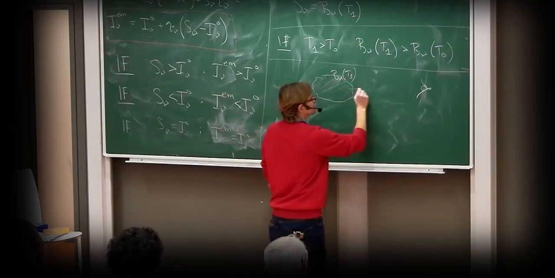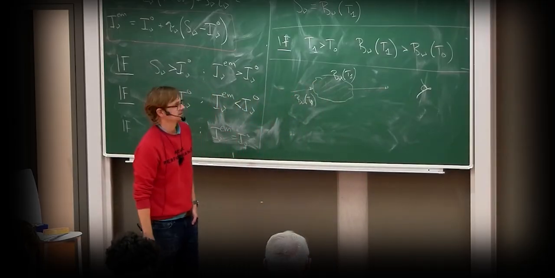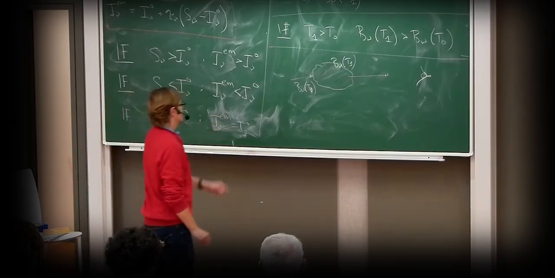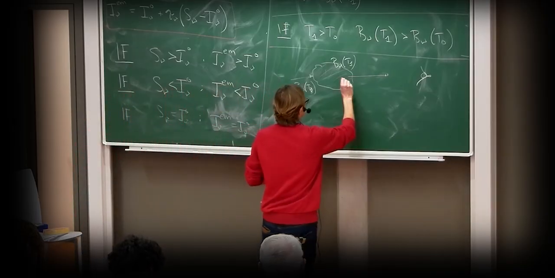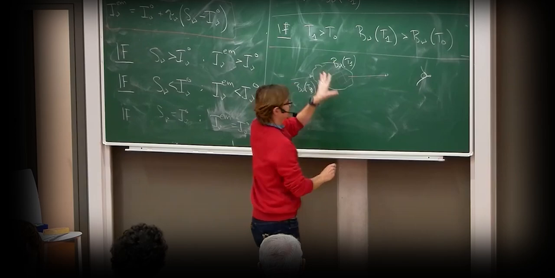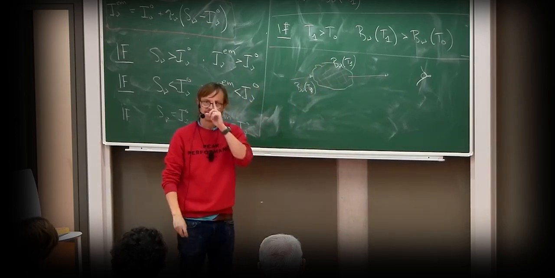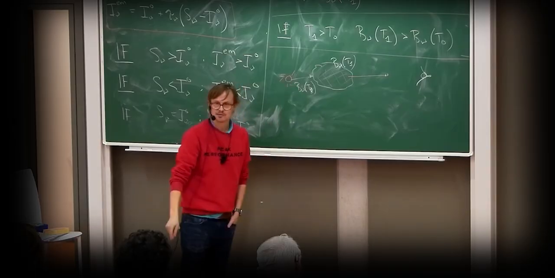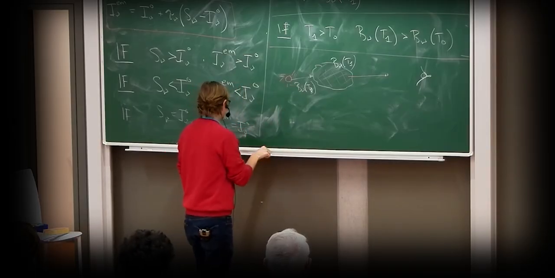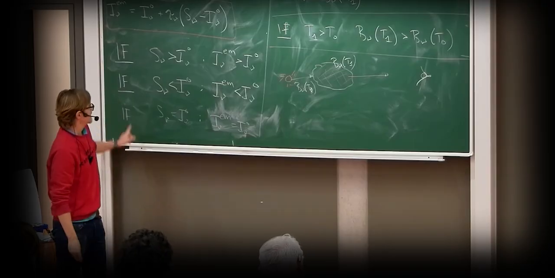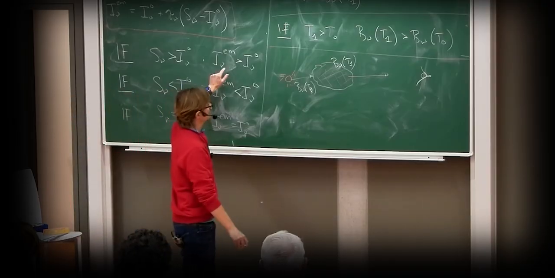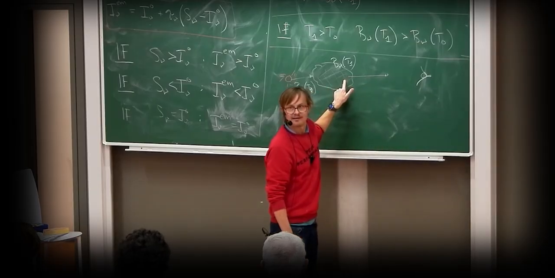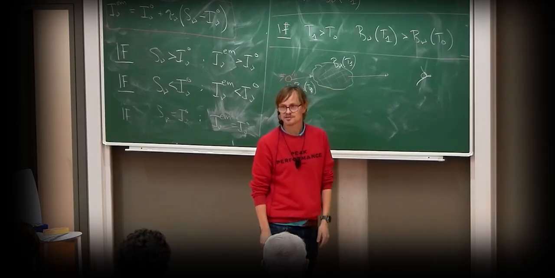And we're interested, what do we see from this? As you can see, if this gas cloud has a higher temperature than the background source, then the emergent intensity we see is higher than the background source.